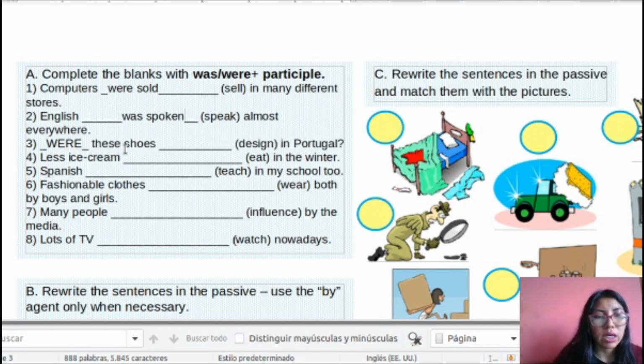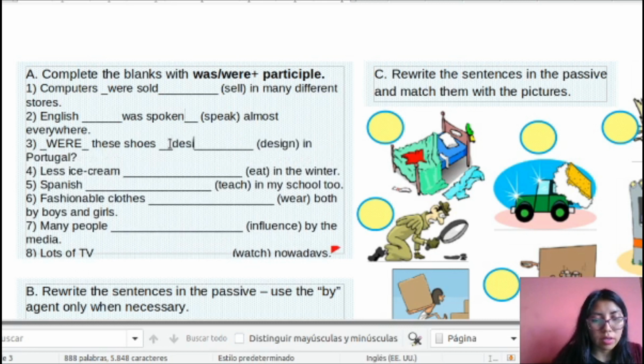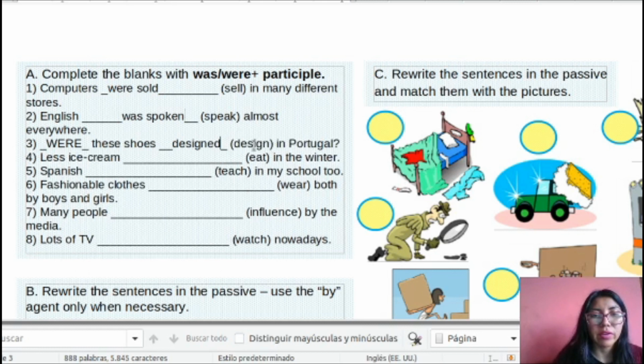Were these shoes designed? Yeah, in this case we are going to use designed because that is a regular verb, so I only have to add ed in order to form the past participle form.